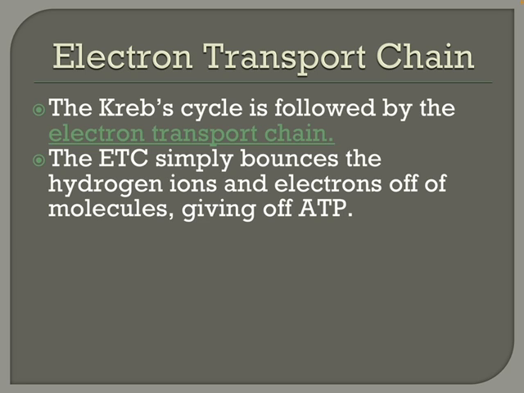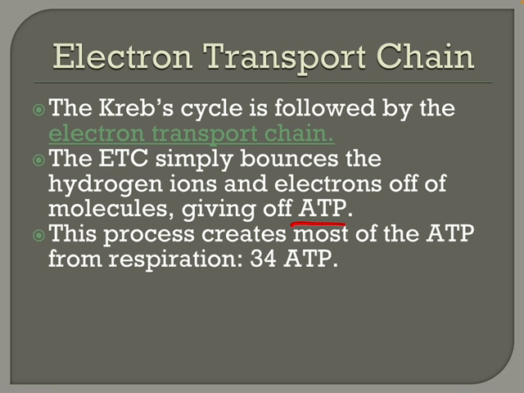It just moves them around. And by doing that, you create energy. This is the most important part of the ETC. Simply know that ETC creates most of the ATP that we get from respiration. It makes a whopping 34 ATP molecules.